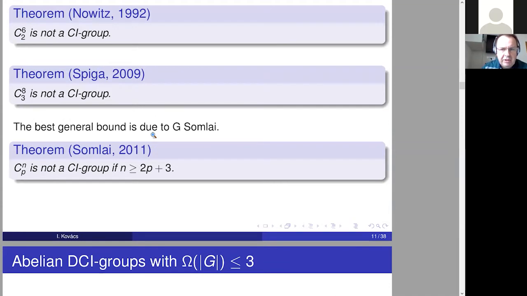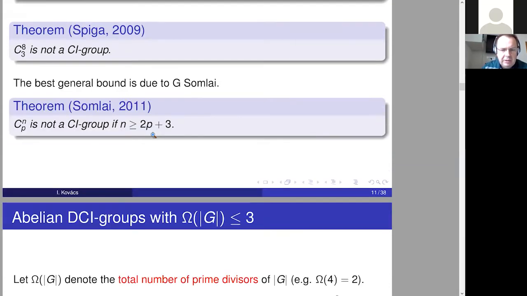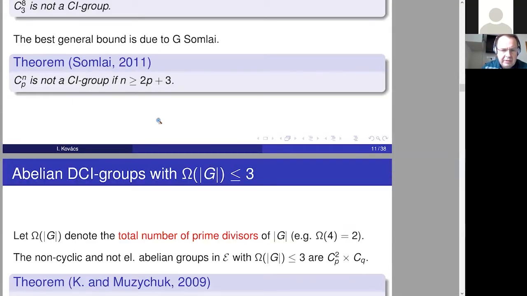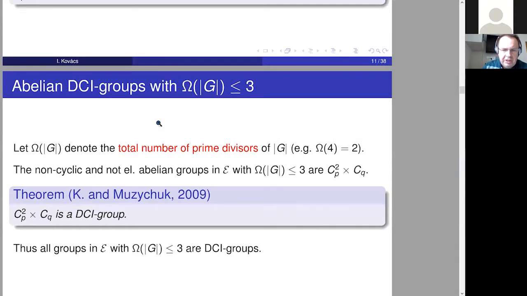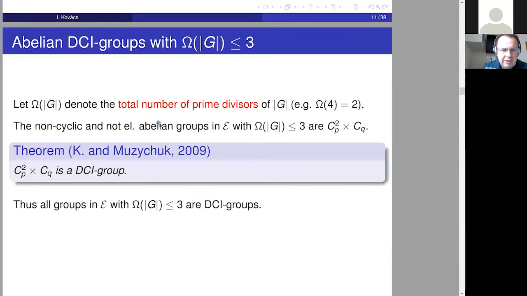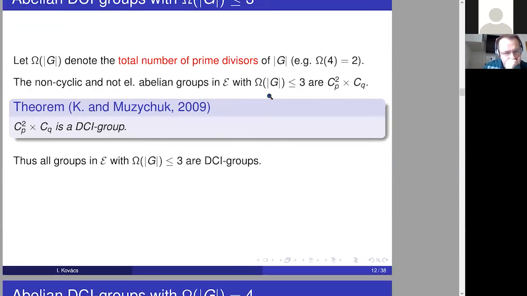So for elementary abelian, the answer is quite open. If the group is not elementary abelian, we have the following results. I denote by omega of G the total number of prime divisors of G. If it's 3 prime divisors, then there is one group which is non-cyclic and not elementary abelian.